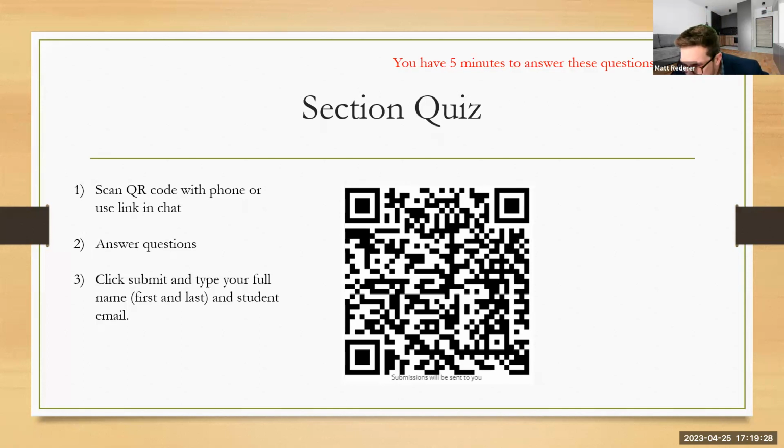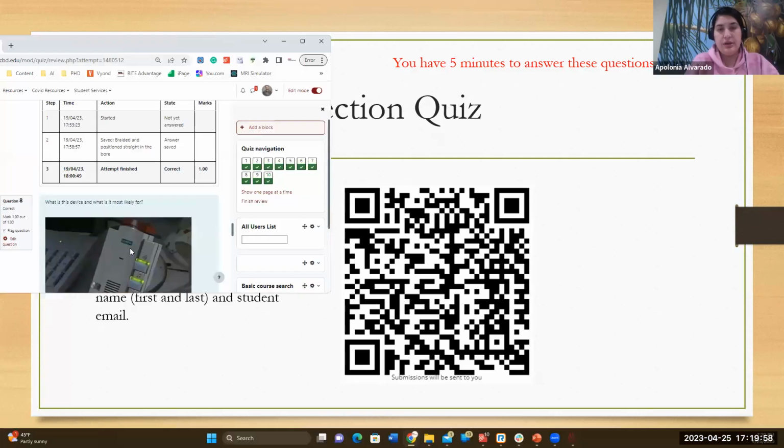One second, see if I can find it. Okay, so what is this device and what is it most likely to use? Is that kind of what you were referring to? Yeah, it's that one. It's the one that looks like this. Does that look familiar? It's not showing on the screen.